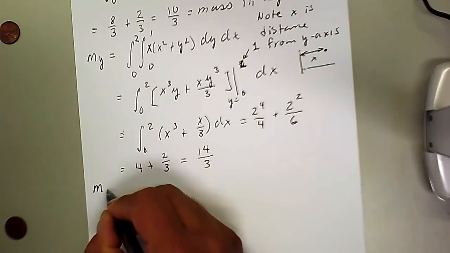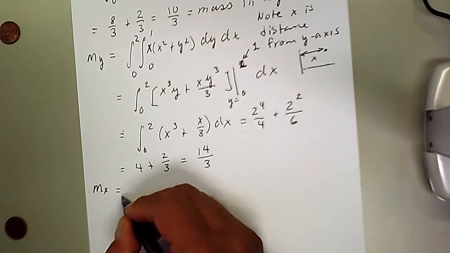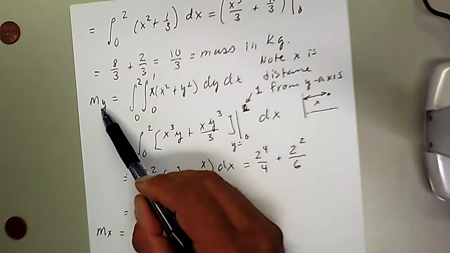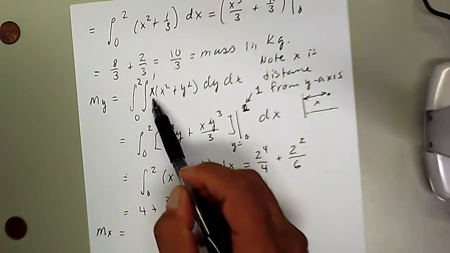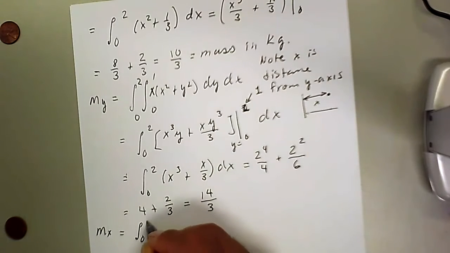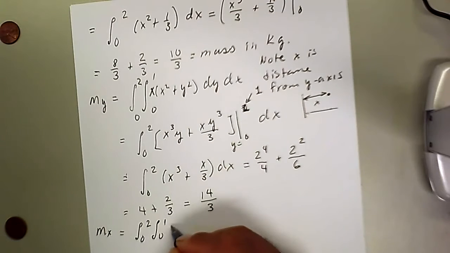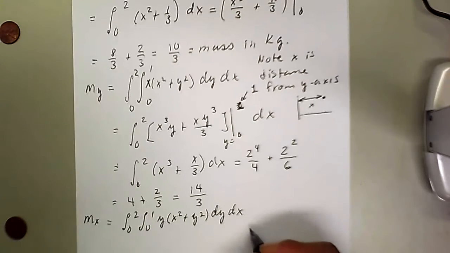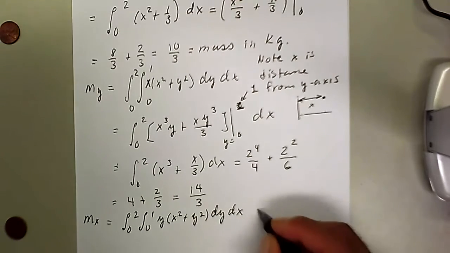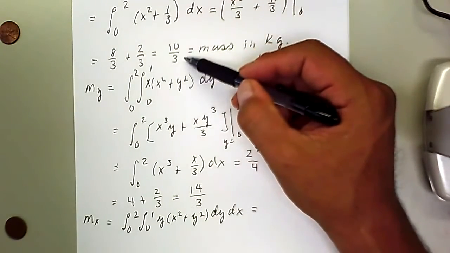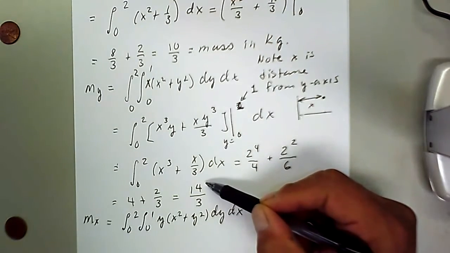Now we figure out the moment of the plate with respect to the x-axis. This is kind of weird because the letters crisscross. Moment with respect to y, multiplied by x. Now we're going to do moment with respect to x, so multiply by y. Integral 0 to 2, 0 to 1, y times x squared plus y squared dy dx. And we're going to obtain a different number. So the mass is 10 over 3. The moment with respect to the y-axis is 14 over 3.